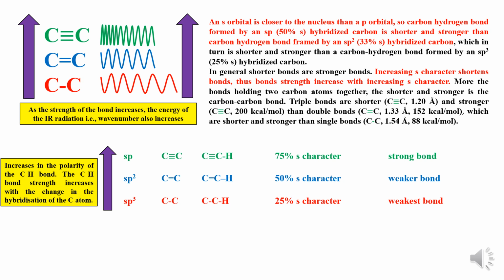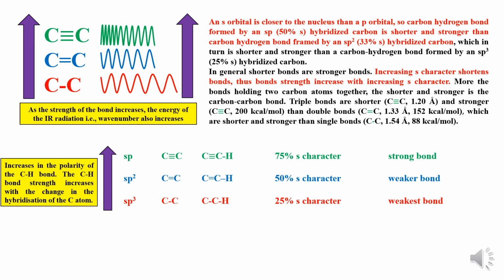So an s orbital is closer to the nucleus than a p orbital. Therefore, a carbon-hydrogen bond formed by an sp hybridized carbon is shorter and stronger than a carbon-hydrogen bond formed by an sp2 hybridized carbon, which is in turn shorter and stronger than a carbon-hydrogen bond formed by an sp3 hybridized carbon. So shorter bonds are always stronger in nature. So why is it shorter?